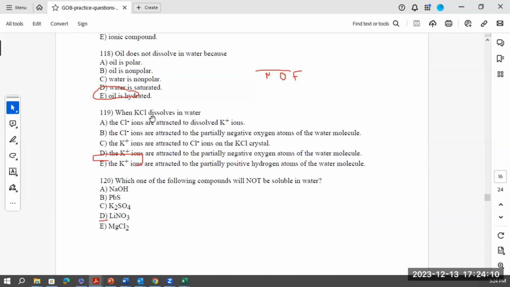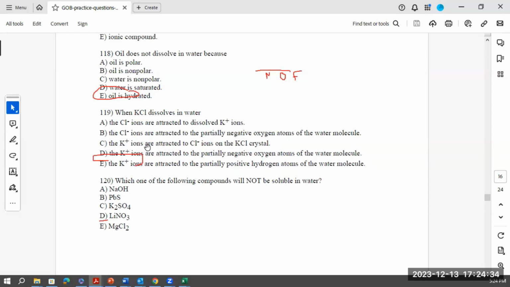Okay, potassium chloride dissolves in water. A, the chloride ion is attracted to the dissolved potassium ion. B, the chloride ion is attracted to the partially negative oxygen atom in the water molecule.